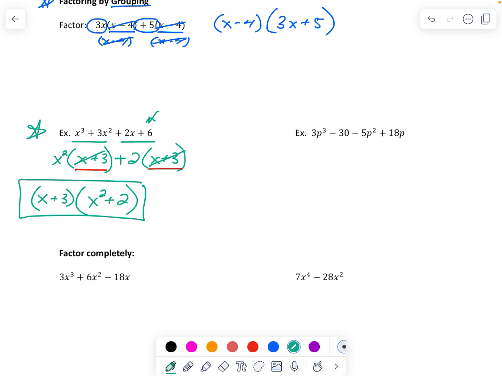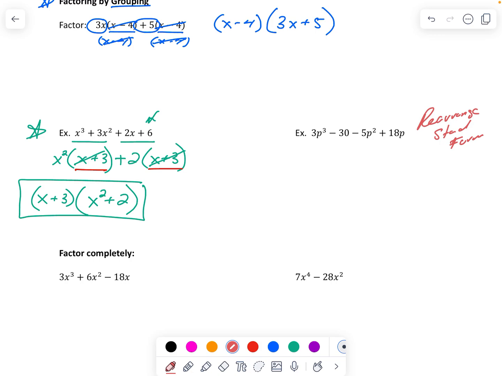Try this one on your own. Pause it and then push play when you're done. We're going to go through this together. The first thing we need to do here is rearrange so that it's in standard form.